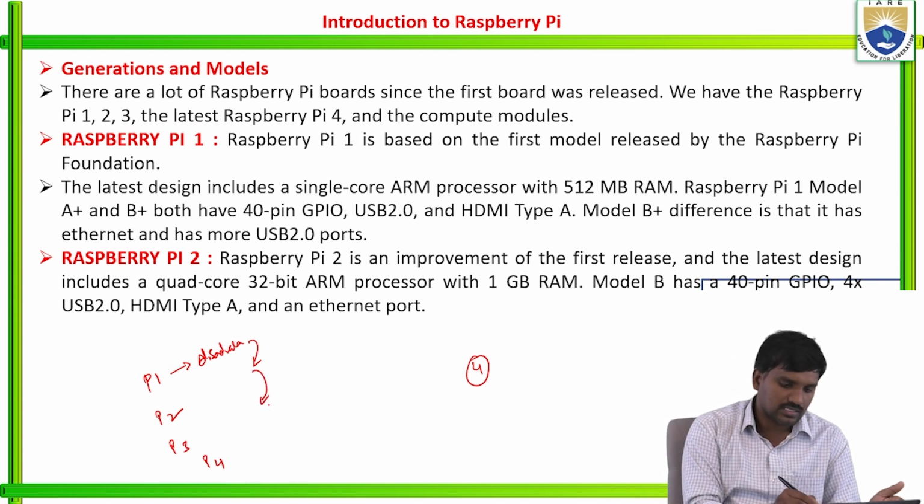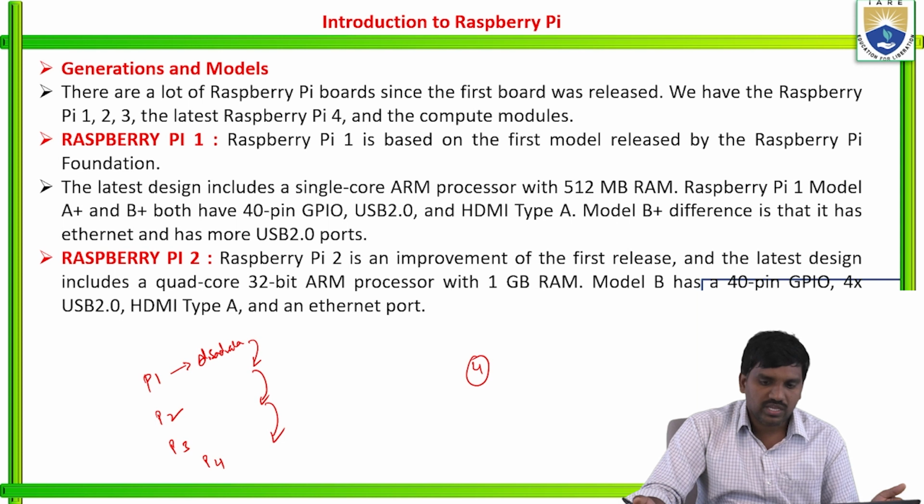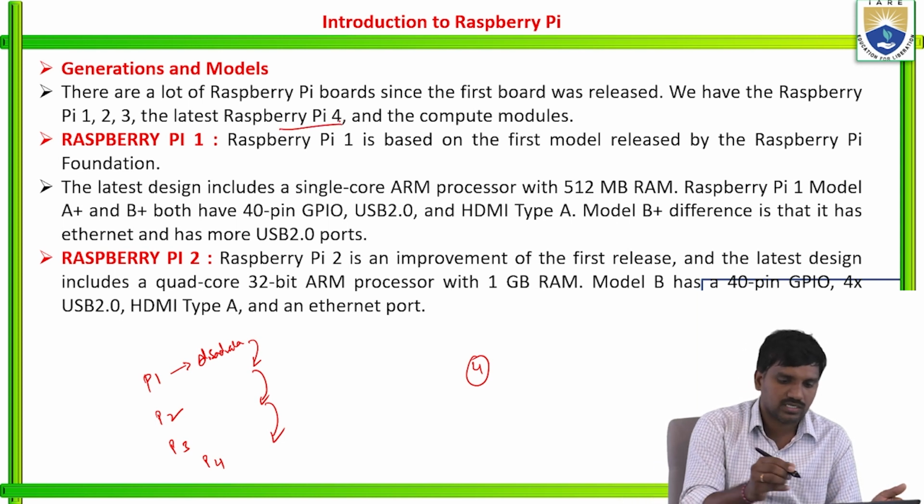Next, the last one, the advanced version, is P4. Currently we are using Raspberry Pi P4, the latest model. There are a lot of Raspberry Pi boards since the first board was released on February 25th, 2012. We have the Raspberry Pi P1, P2, P3, and the latest version, P4, that we know.